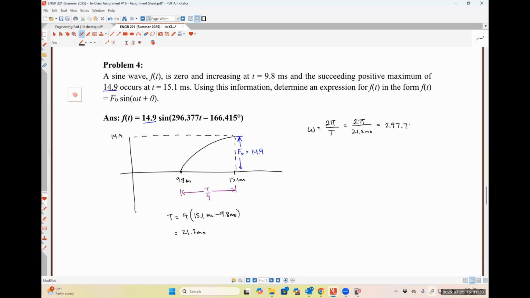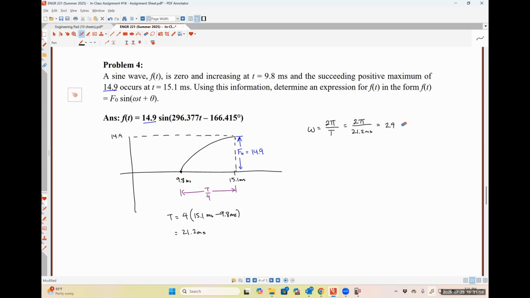Hold on. 15.1 minus 9.8 times 4, 21.2. Okay. I must have typed something into this wrong when I was getting my answer, but anyway. So 2 pi divided by 21.2 times 10 to the minus 3.